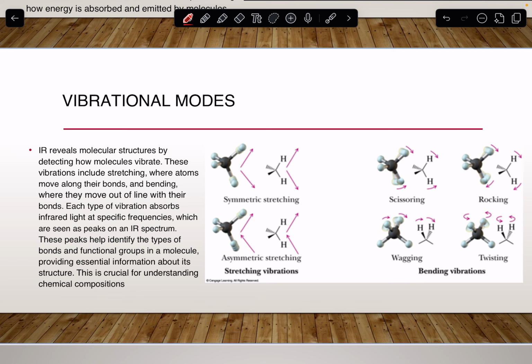Even though these are the same molecules, the way they are vibrating will change the amount of infrared light they can absorb.